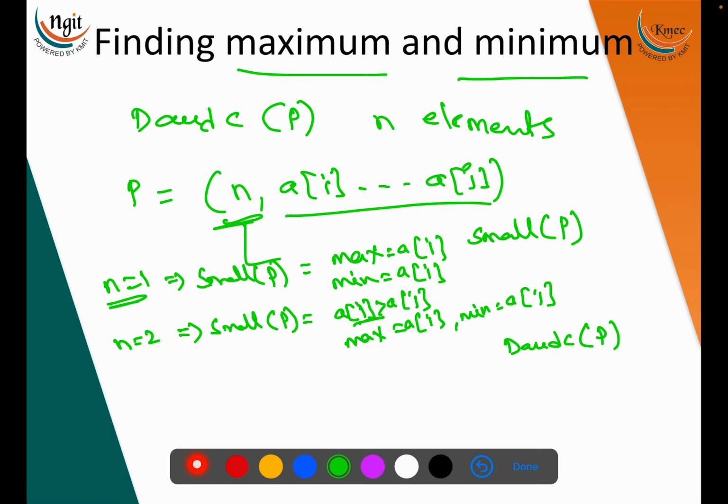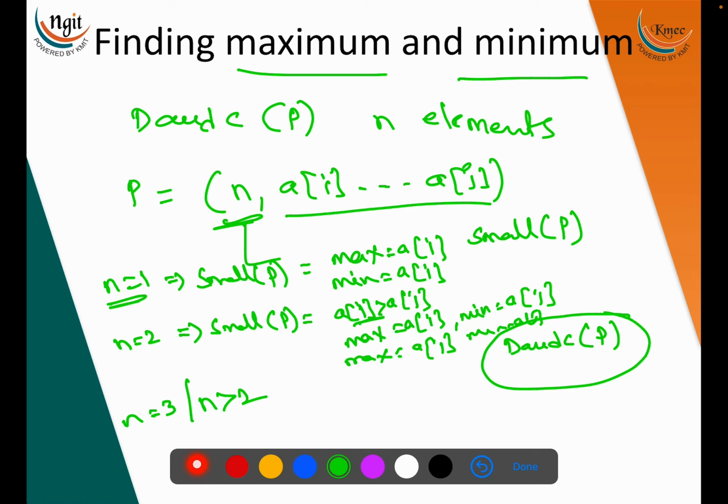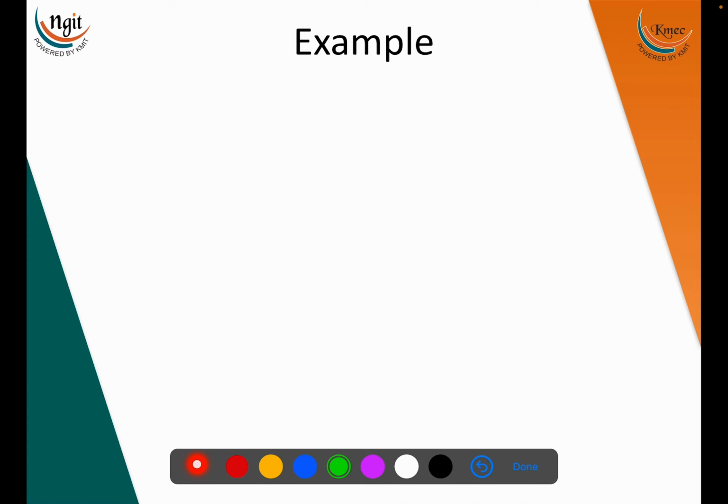If it is not true, then maximum is equal to a of j and minimum is equal to a of i. If n is greater than 2, then you are going to apply divide and conquer on the problem. Now let's see how divide and conquer applies when n value is greater than 2.